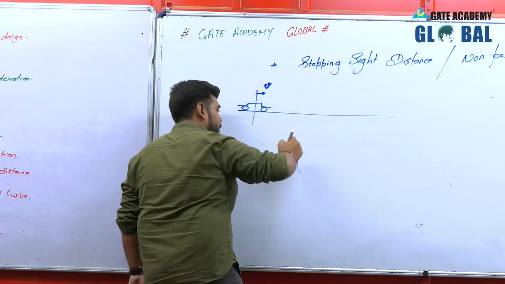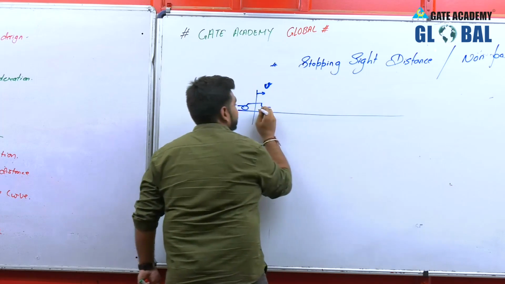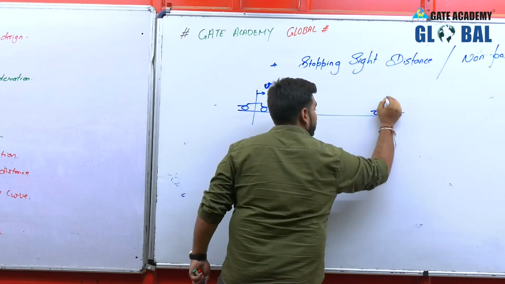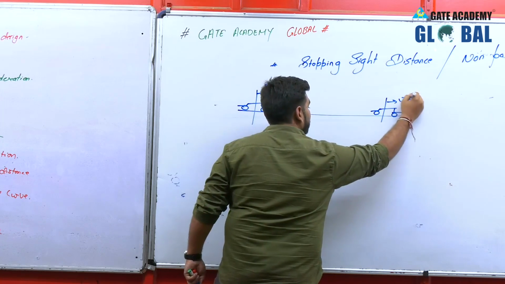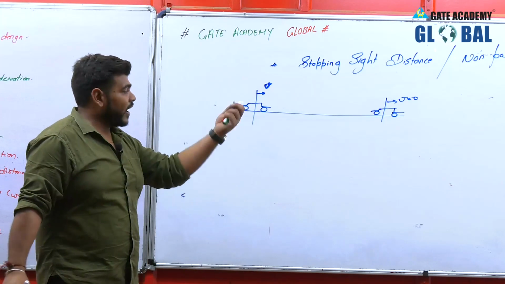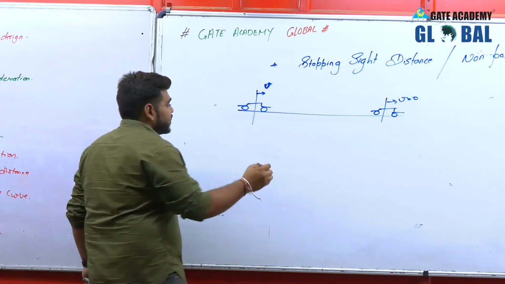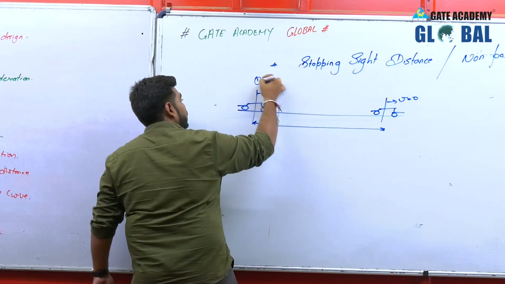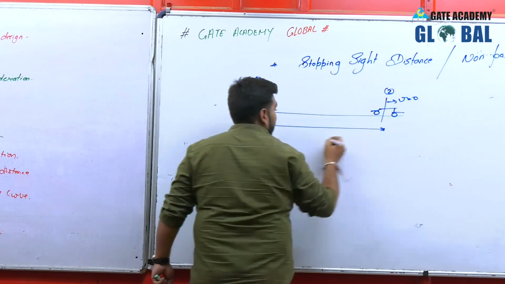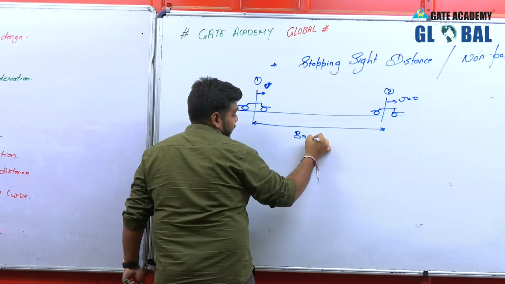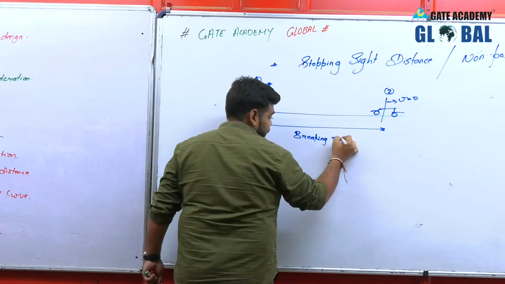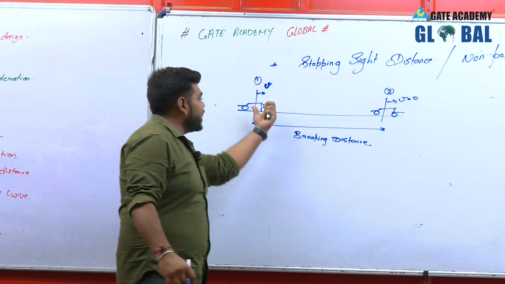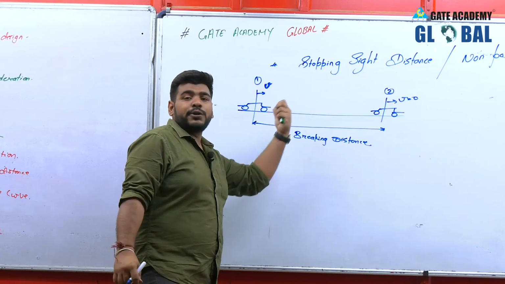The distance covered by this vehicle to come to a stop position, or we can say to the final velocity equal to 0, from this first phase to the second phase, is termed as braking distance. And we can say that your whole kinetic energy is converted into work done.